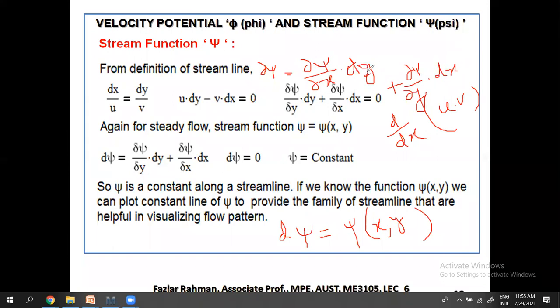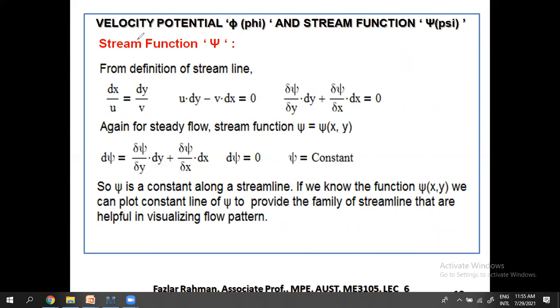I think I am wrong. This is del x, this will be del y.